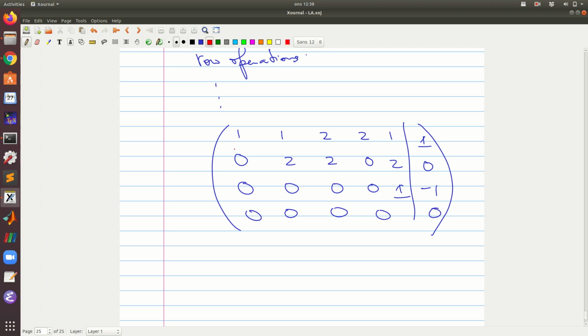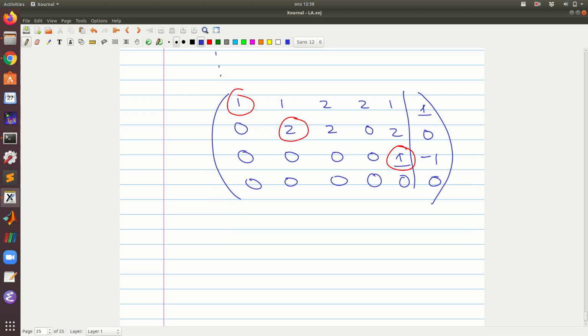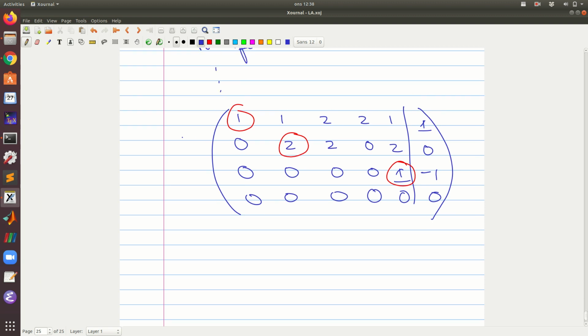So what are our pivots? 1 is a pivot, 2 is a pivot, and I must have a 0 here and then a 0 here. Okay, so this is its row echelon form. Clearly we can see that the system is consistent, because there's no problem with this row, or that row.